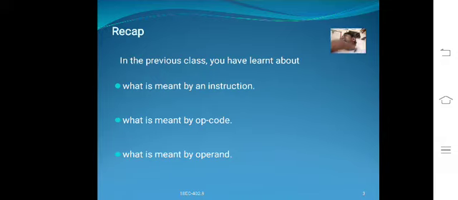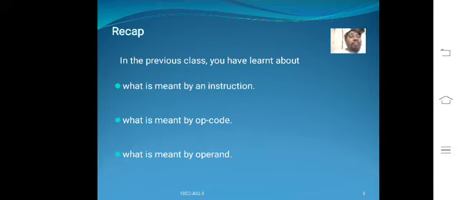A nibble is half of a byte, or 4 bits of data. And a word is 32 bits of data.